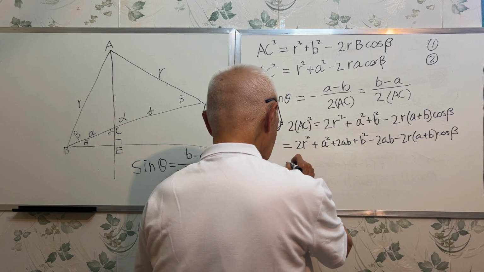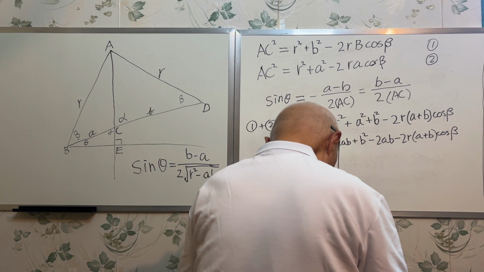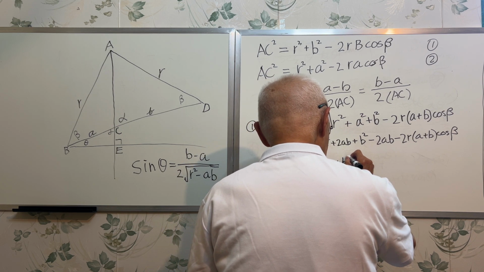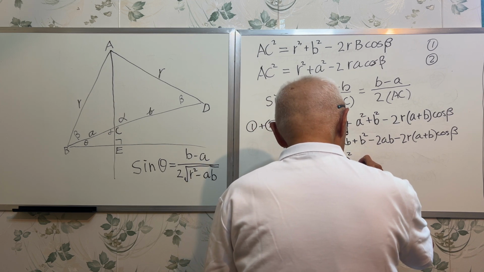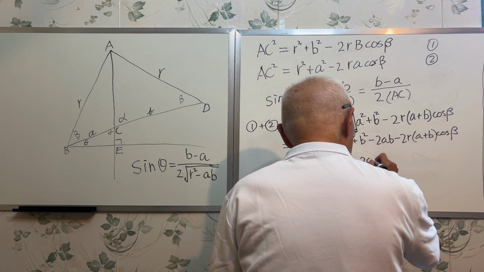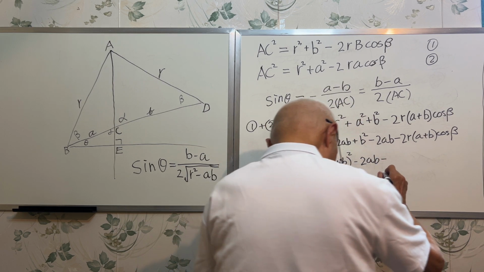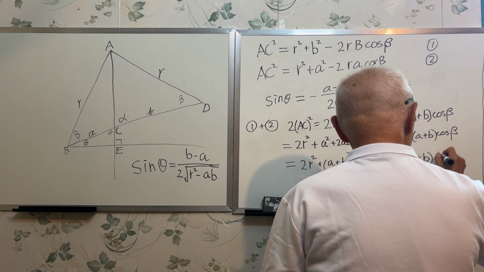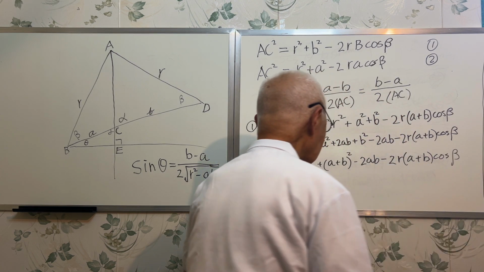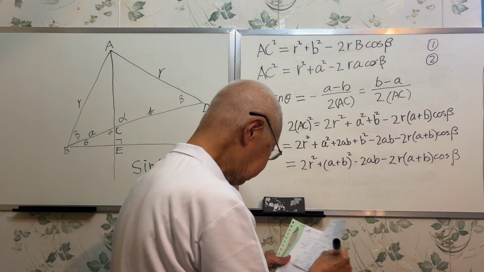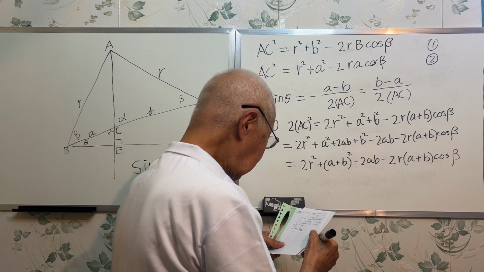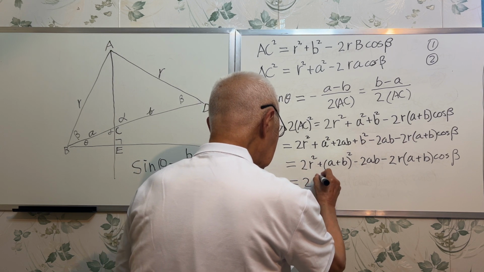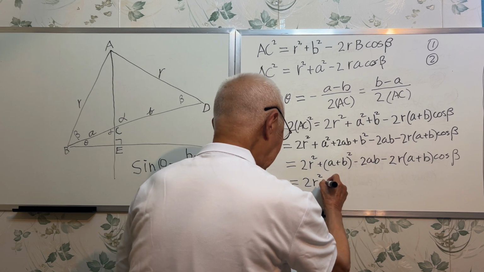All right. So this becomes a perfect square. I move this after 2r squared.